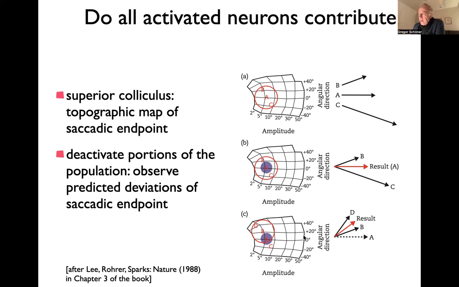and you can. And more dramatically, if you cool a portion, so usually when you make this saccade to B, you will get this whole large population here to be active.